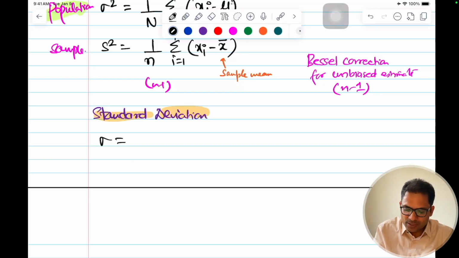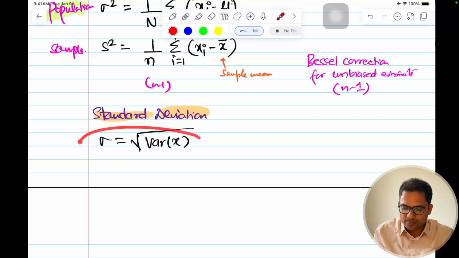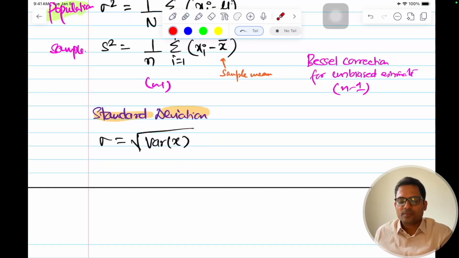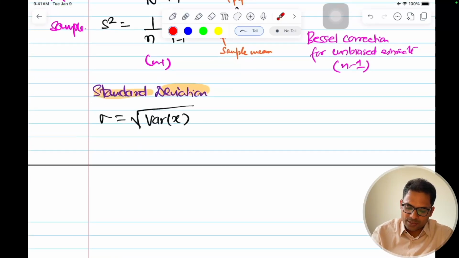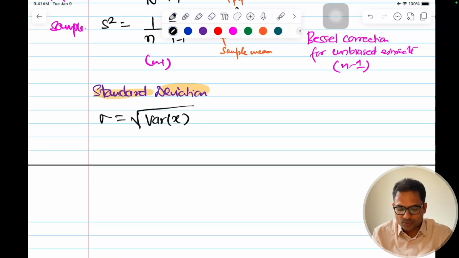So this is represented by sigma, and it is simply written with the same formula, square root of variance of x. This is your sigma. So for example, sigma is like, if you see in the Gaussian also, let me draw the Gaussian here again.